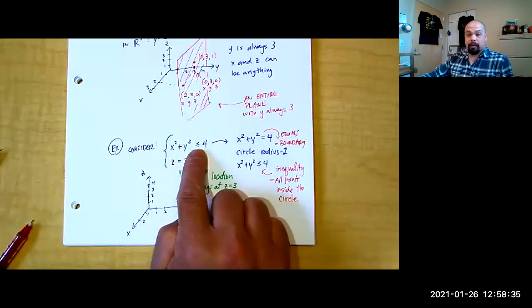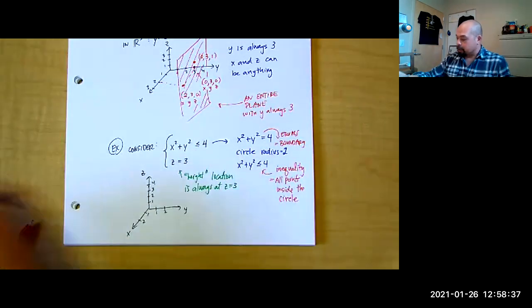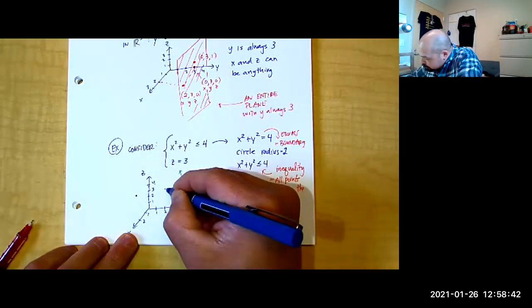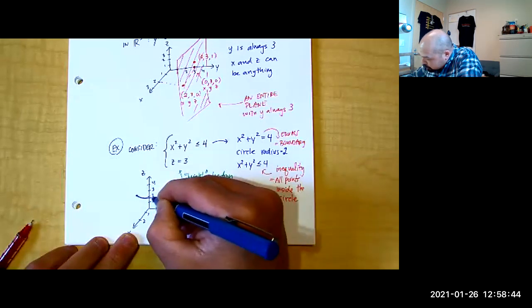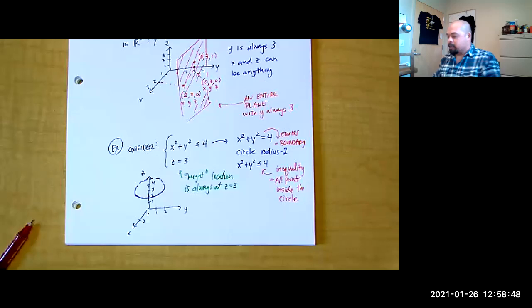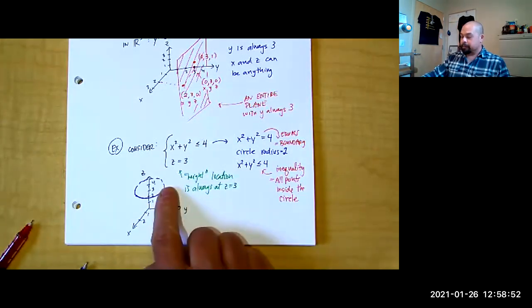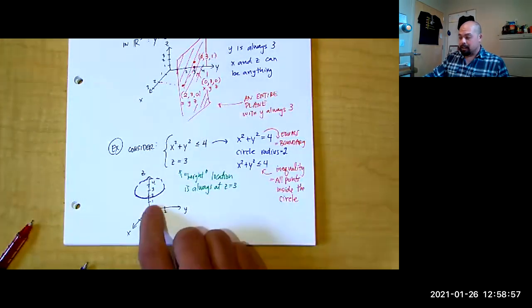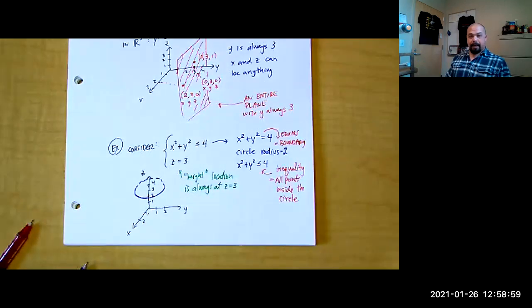x squared plus y squared less than or equal to 4. Well, the equals 4 part makes our boundary, right? That circle, radius 2. Dotted line just means we're back behind the axis, okay? The y and x together producing that circle. Z equals 3 keeps it flat at that stage.